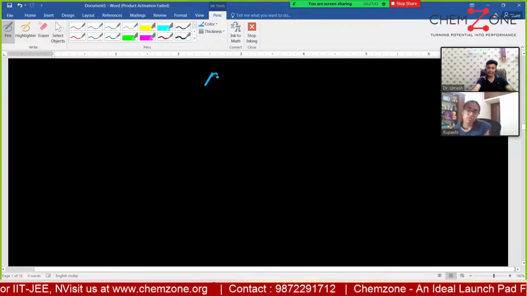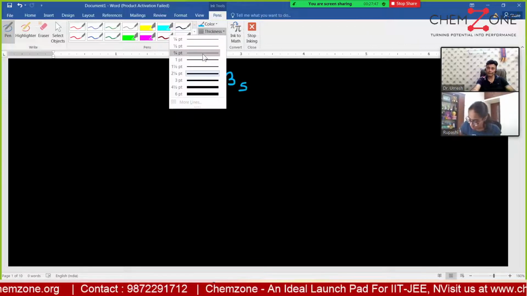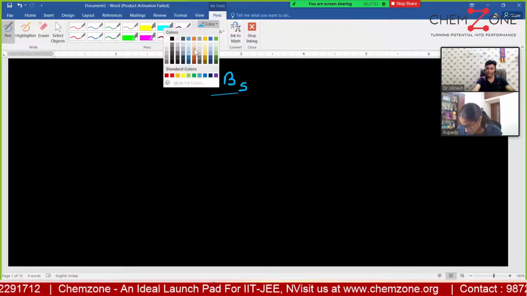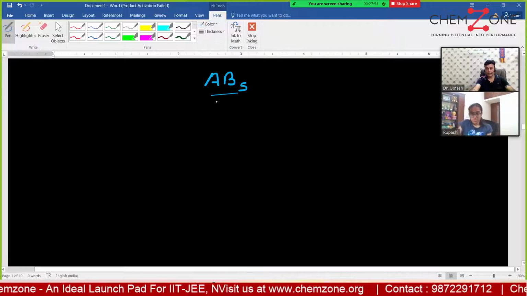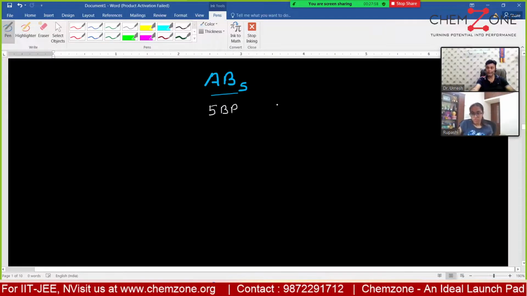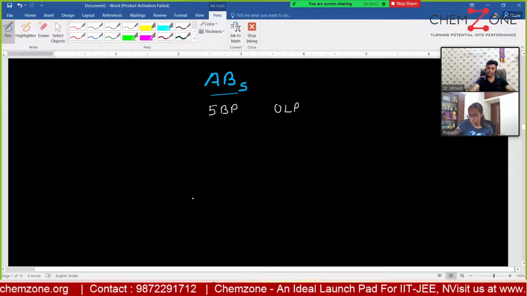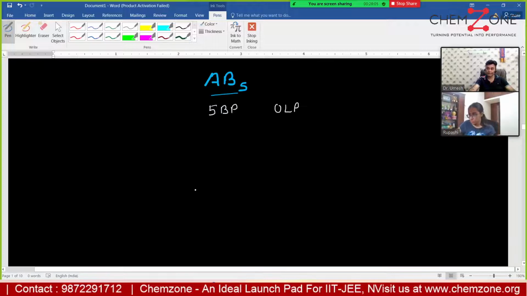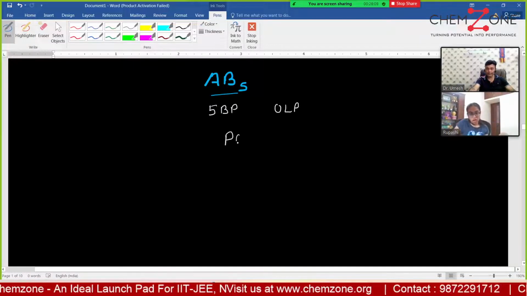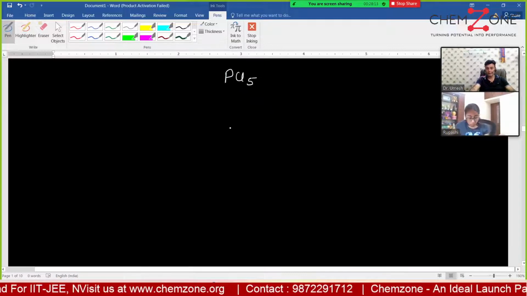Now I'm considering an AB5 type of molecule. When I talk about the AB5, I have 5 bond pairs and 0 lone pairs. Example is PCl5, phosphorus pentachloride.